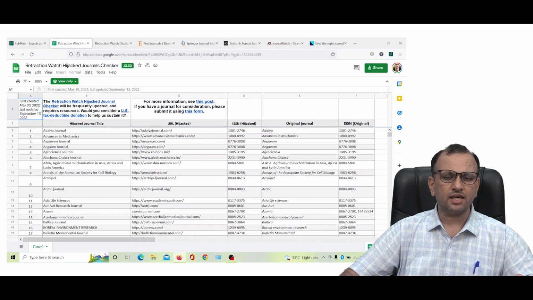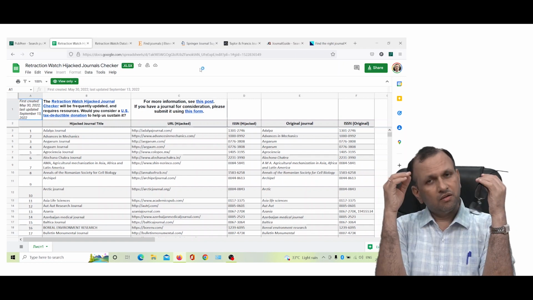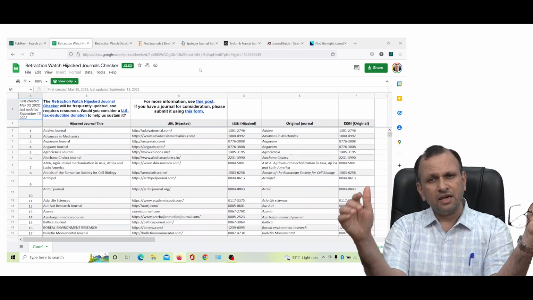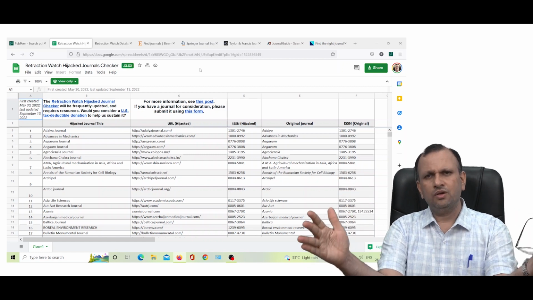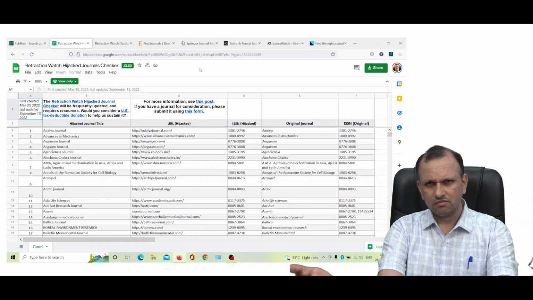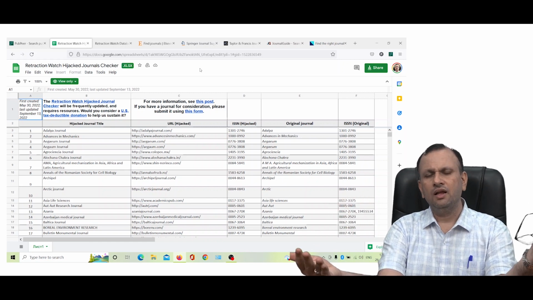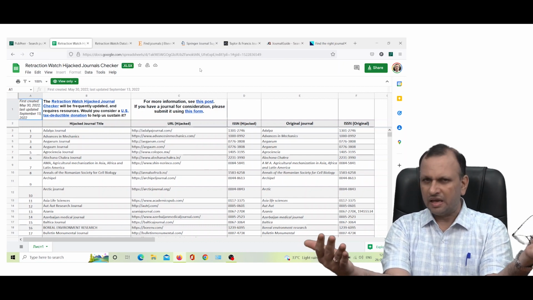This is a list of Retraction Watch hijacked journal checker. Many journals have been hijacked. Hijacked means another website is open with the same journal title, with the same ISSN number and other things. It is actually a duplication of the journal, unauthorized duplication, and it is blatant violation of ethics, and also legally it is wrong.